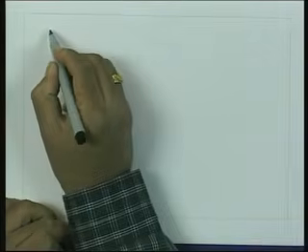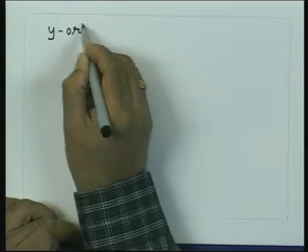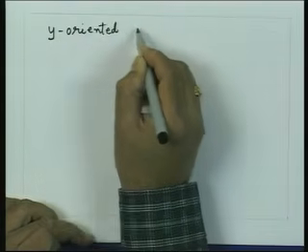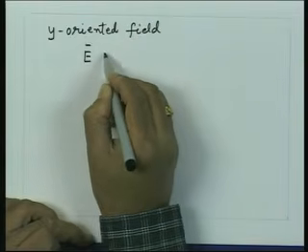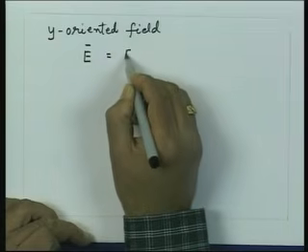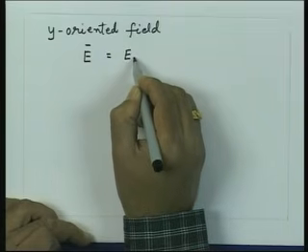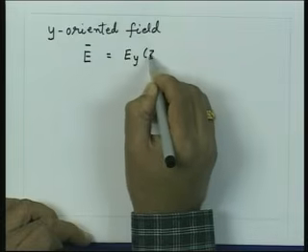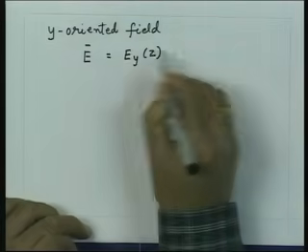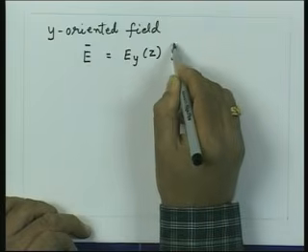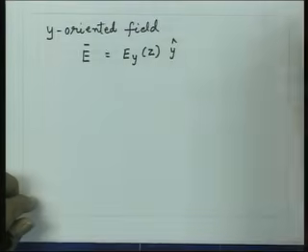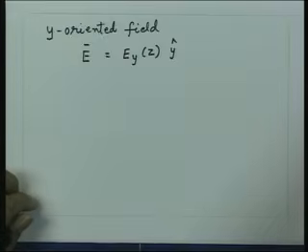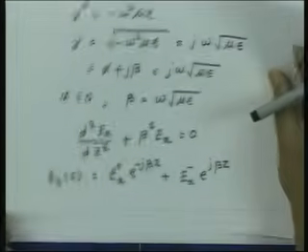So, if I consider a y oriented field, that is my E is Ey, a function of z, and this is oriented in the y direction, and if I substitute this into the wave equation, I would again get the identical equation as this with Ex replaced by Ey.